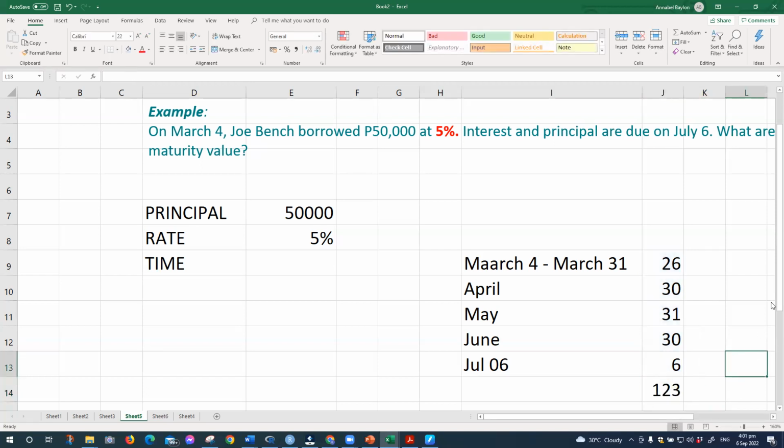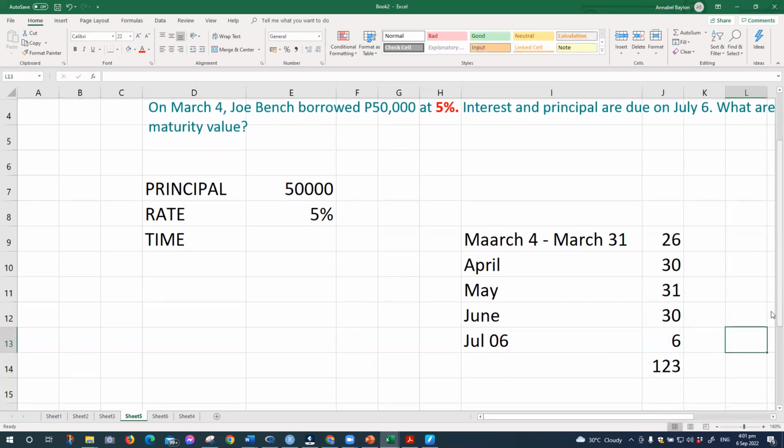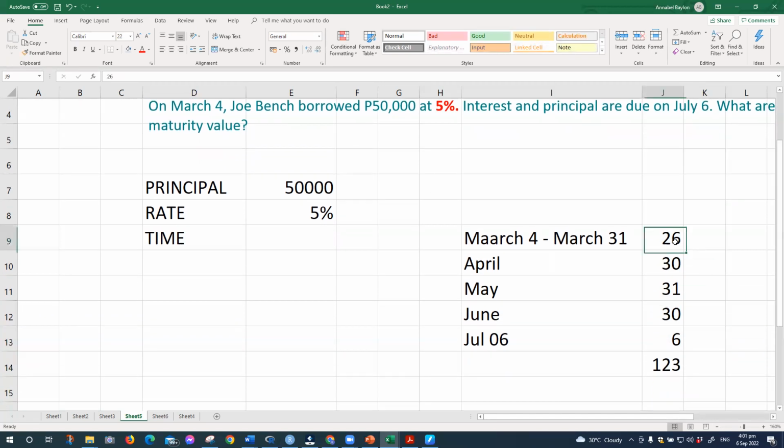Wait, 4 to 5. Hindi, sorry guys. I'm looking at a different rule, no?